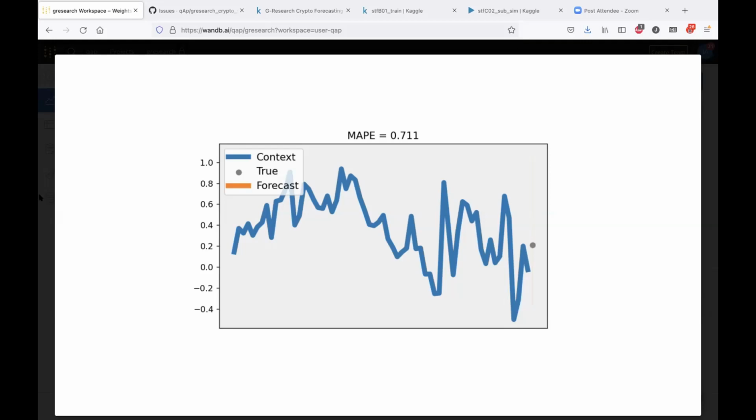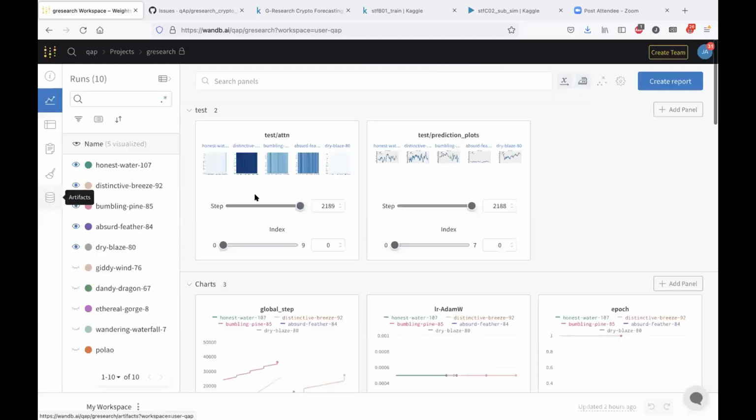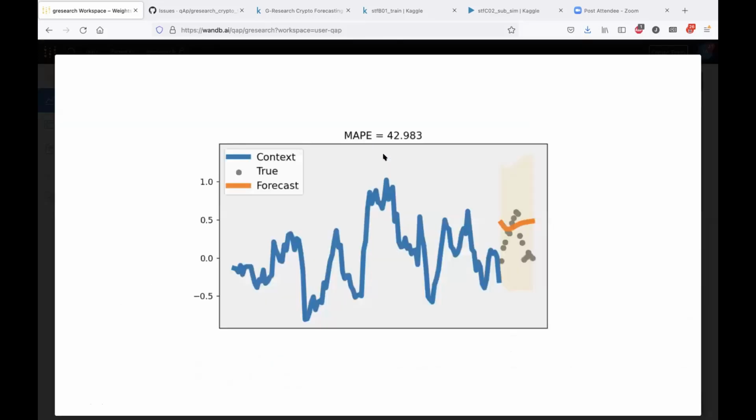Another thing I am trying currently is a slightly different kind of training. Instead of training the model to predict the target at a single minute, to forecast a single minute, I train it to forecast for 16 minutes.